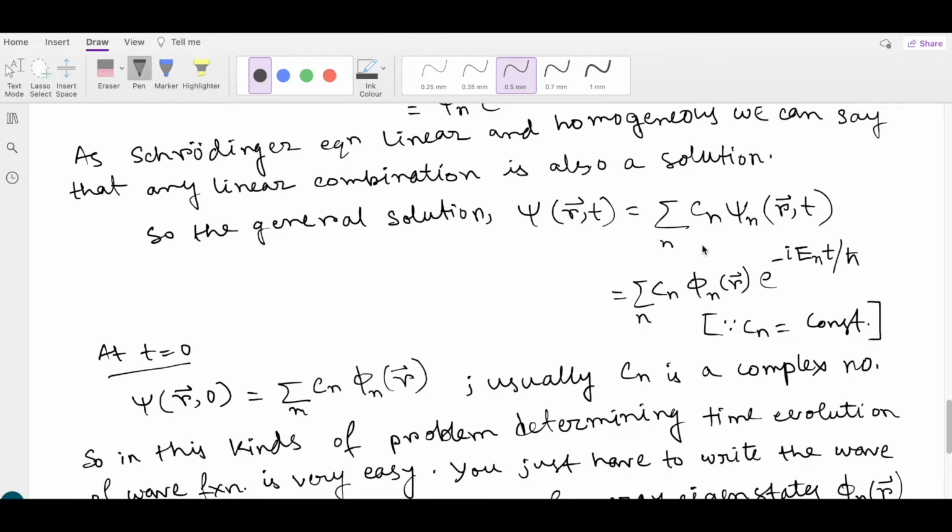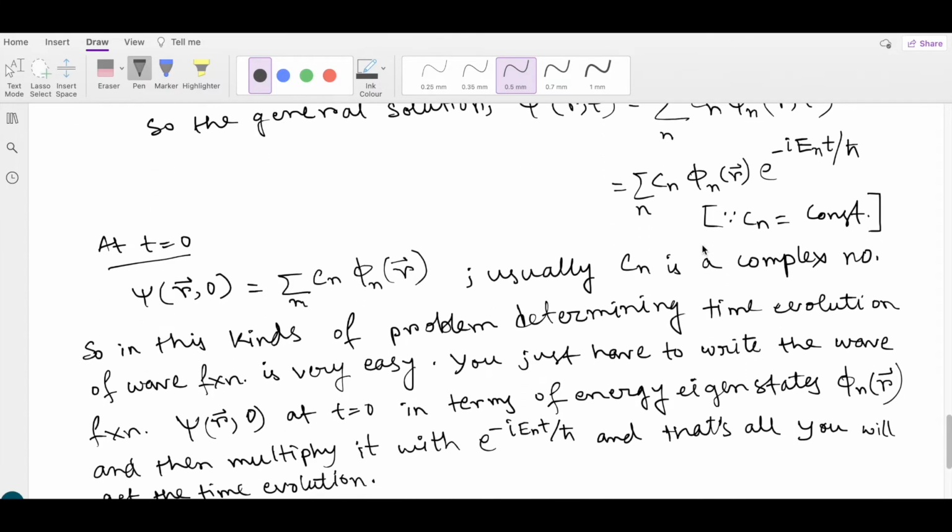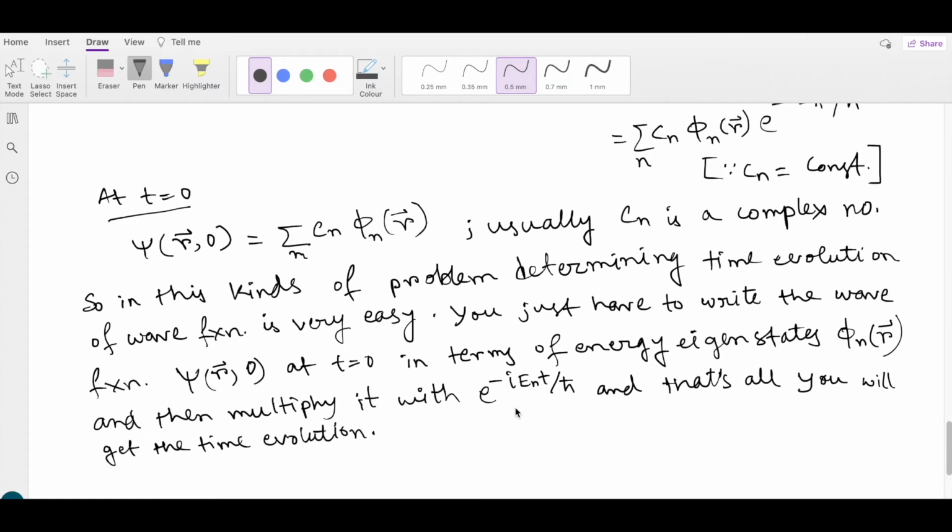So at t equals 0, the wave function is given by ψ(r,0) equals Σ Cn φn(r). Usually this constant Cn is a complex number.